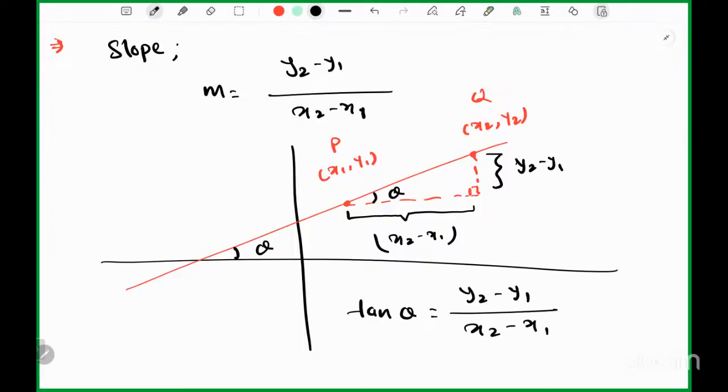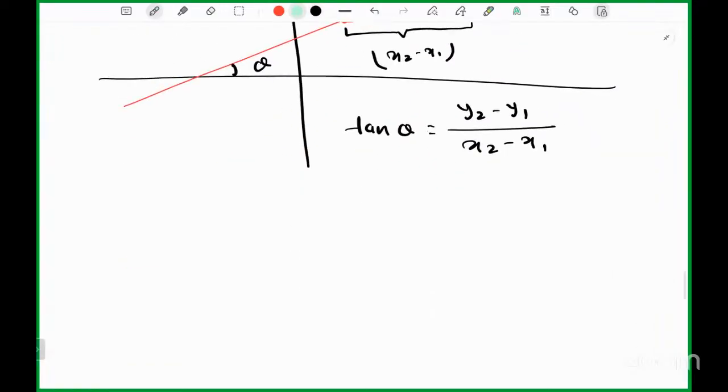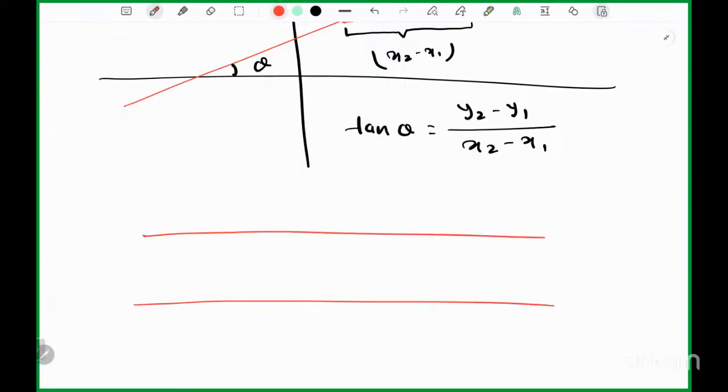We know that if two parallel lines are cut by another line, I hope you remember these things, then whatever angles are formed, these angles are equal. This angle will be equal to this angle, this angle will be equal to this angle, and the same thing for this one. So this is the geometrical form.